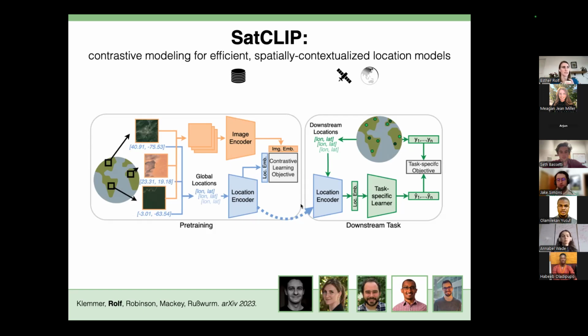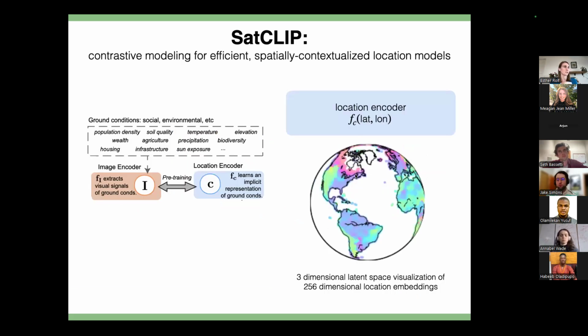What this means then is we can end up with a location encoder that functionally looks a lot like what the Mosaics features were doing, that embeds any place on Earth in this high dimensional space. What that looks like functionally is what you see on the right here. You can see that the location encoder is learning large scale phenomena like biomes, but is also getting some more fine-grained phenomena in here as well.